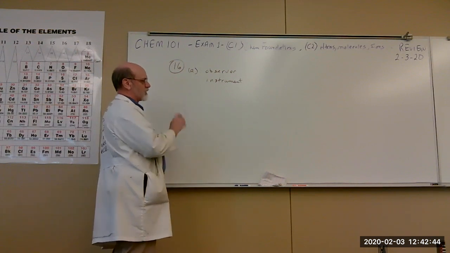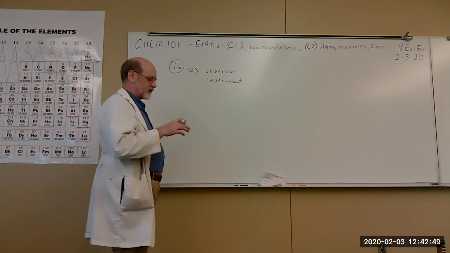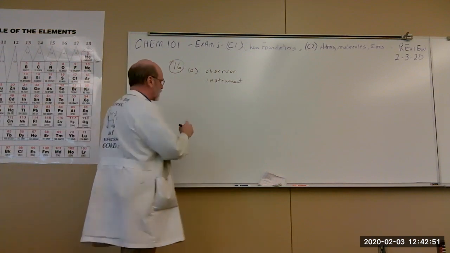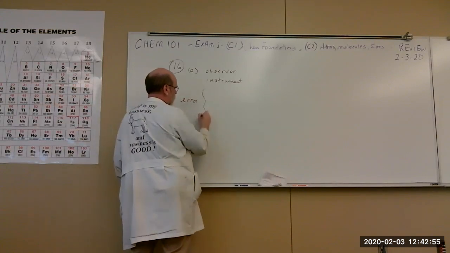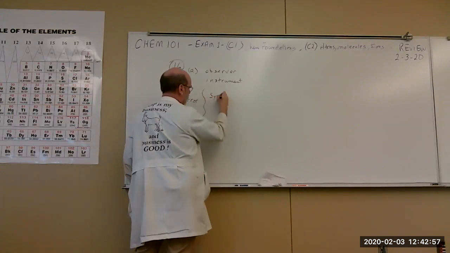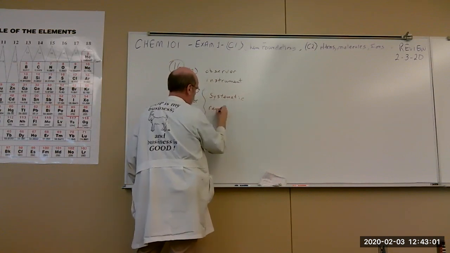You can also interpret multiple observations in two other ways. The error can be classified as either systematic or random.